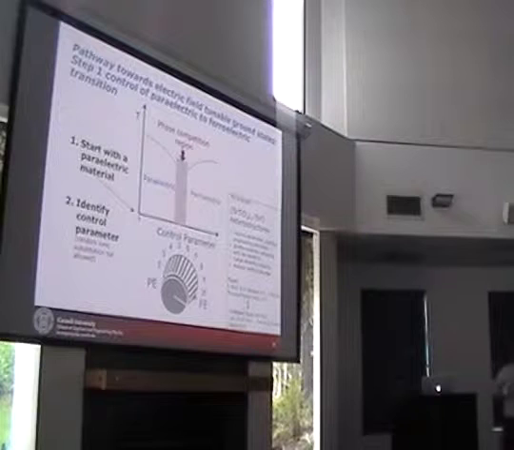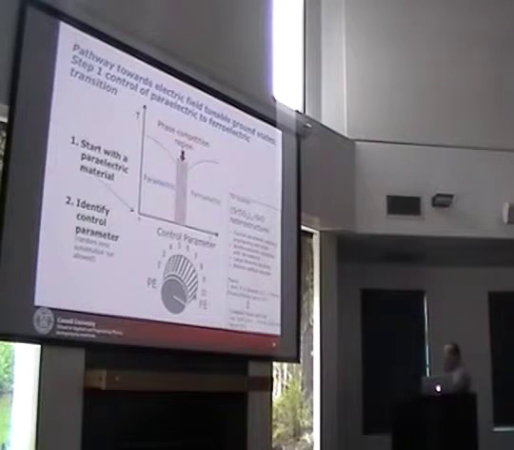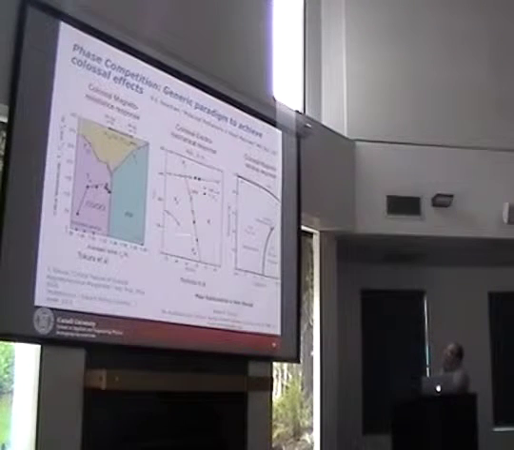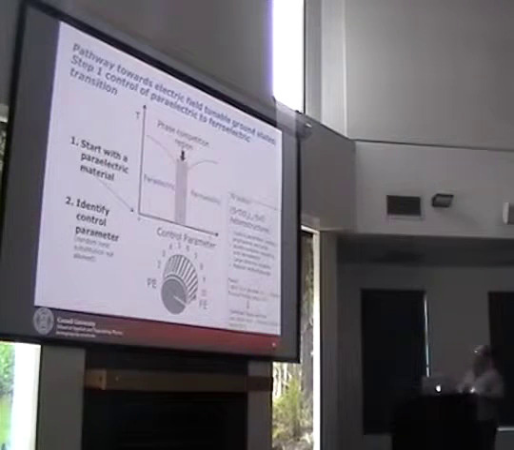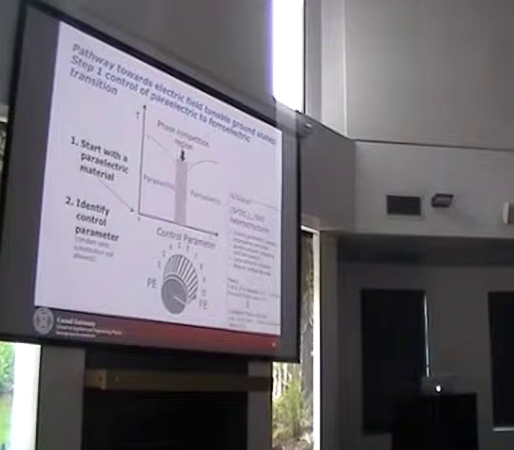We've seen examples before. In PZT, that's exactly what's going on. We're using chemistry to do this. We don't want to introduce any disorder. We don't want to just make random alloys. We want to find new control parameters in order to tune to phase boundaries.